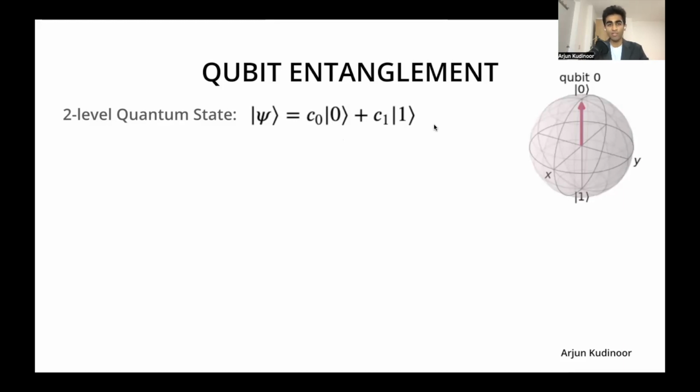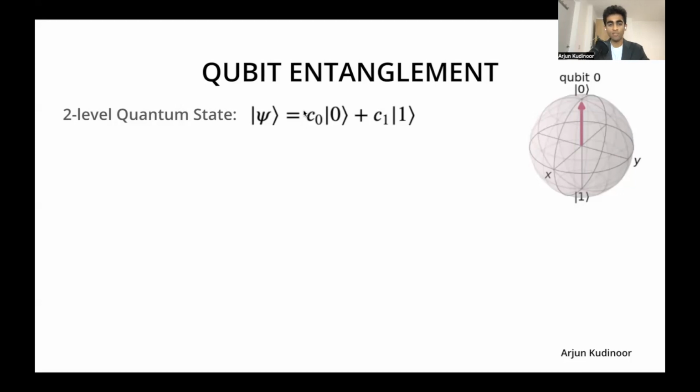This is analogous to bits in classical computers where we have 0 and 1 bits. Similarly, we have 0 and 1 quantum bits over here. The difference between classical bits and quantum bits, however, is the fact that the state of the bit in quantum mechanics can be written as a probability distribution.